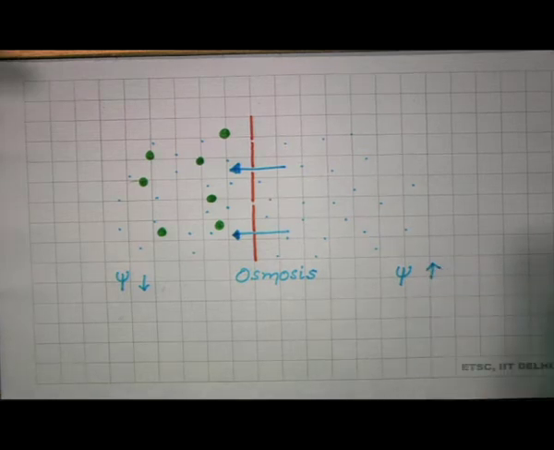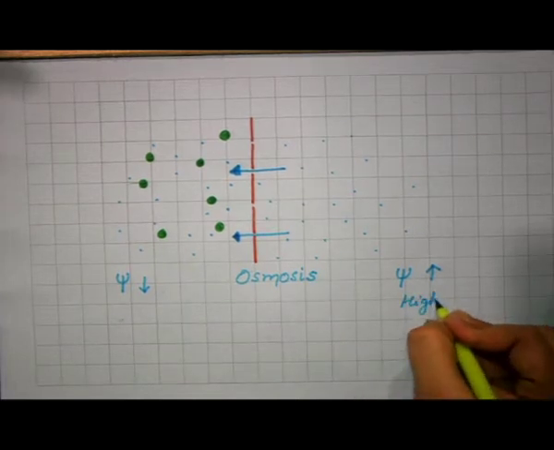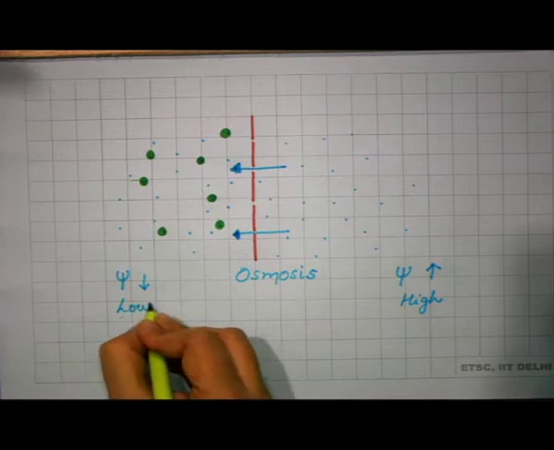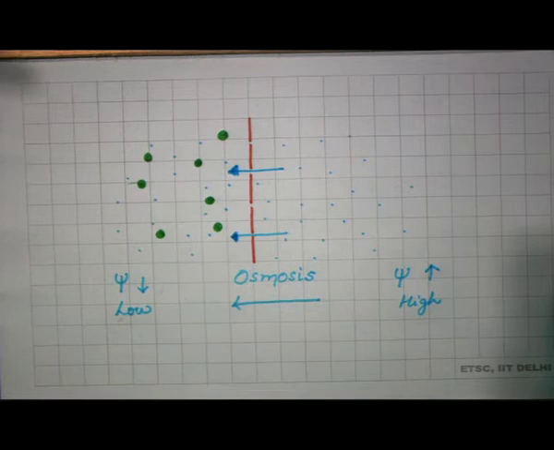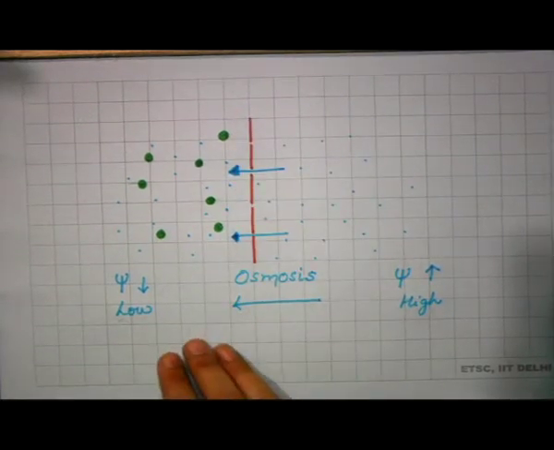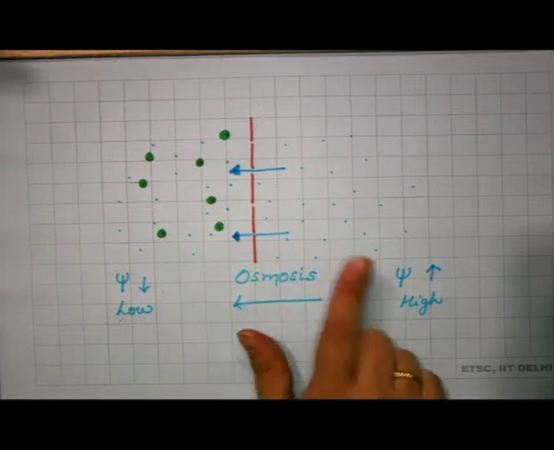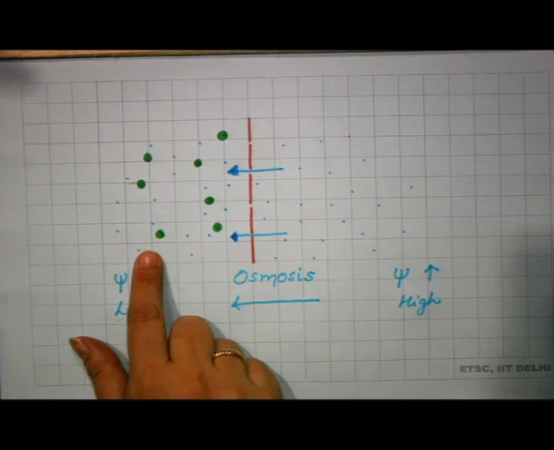And we have learnt that water moves from the region of high water potential to low water potential. So, because of osmosis, in such a system where two solutions are separated by a semi-permeable membrane, the water will move from the region of high water potential to low water potential.